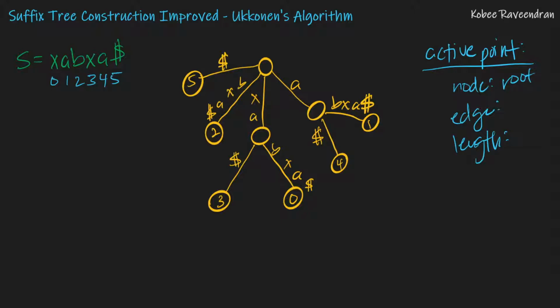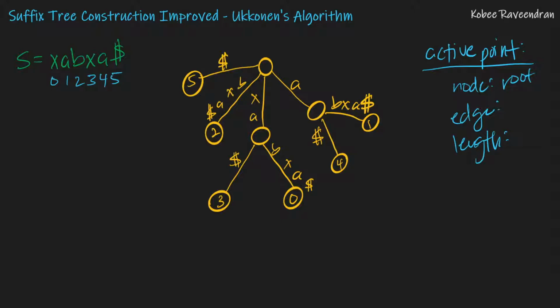The active node is just what internal node we're at, and that's going to be the starting point for all of our interactions with the tree. So whenever we want to create a branch, we start from that node. When we eventually want to create another leaf node or another edge, we start from that node. Now the active edge is just which edge from that node we want to take.